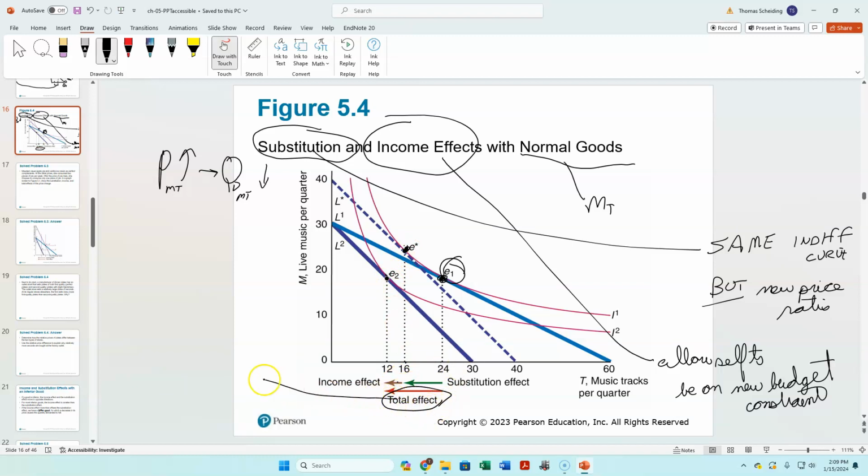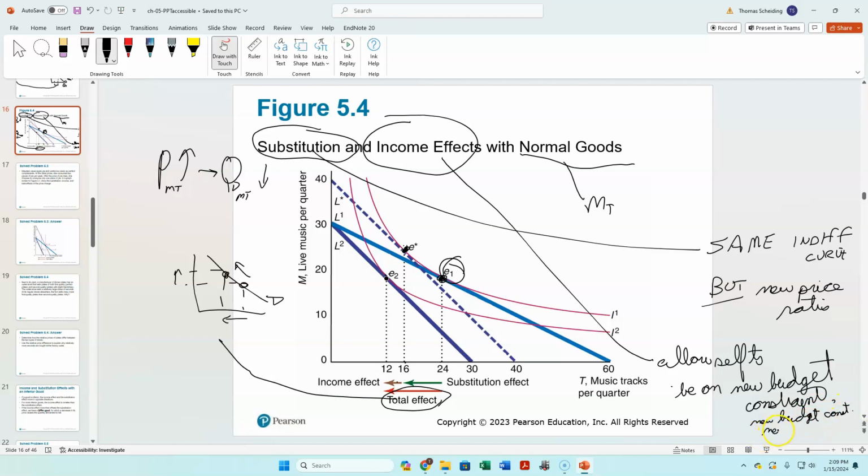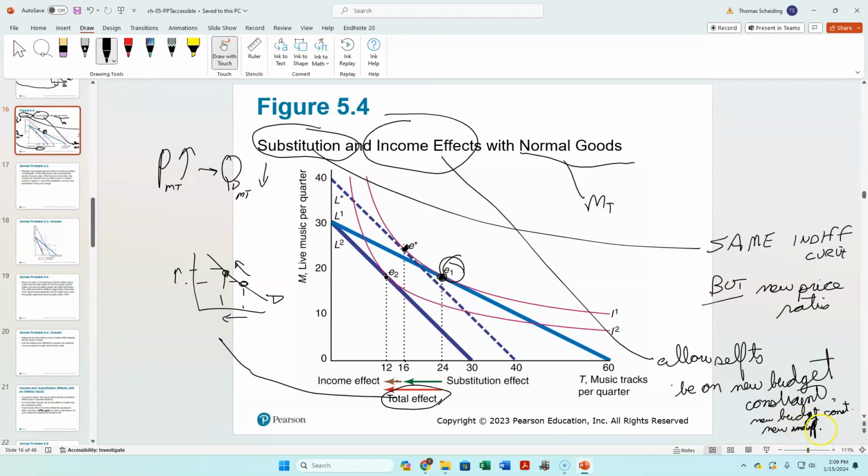Combined, it's the total effect, and that would be what we see collectively on the demand curve when the good is going up in price. So for the income effect, we allow ourselves to be on the new budget constraint. So here we're on the new budget constraint line. And we're on a new indifference curve. That's just going to be tangent to that original budget constraint.